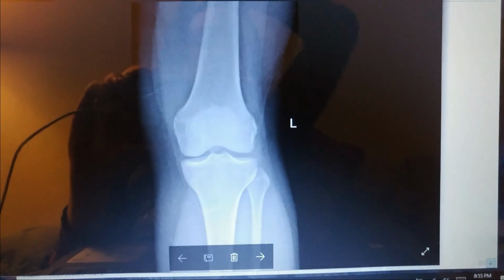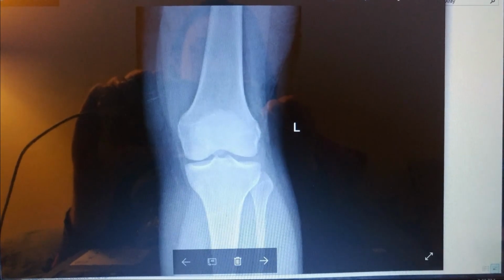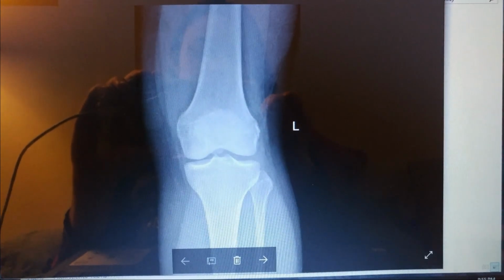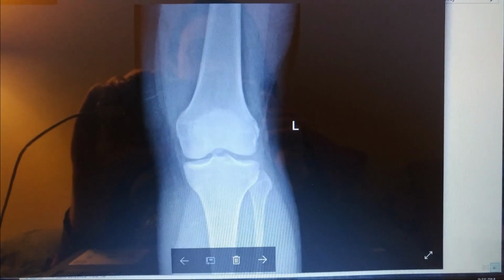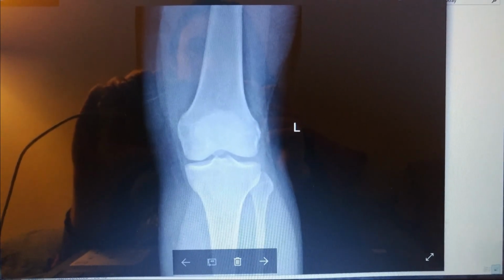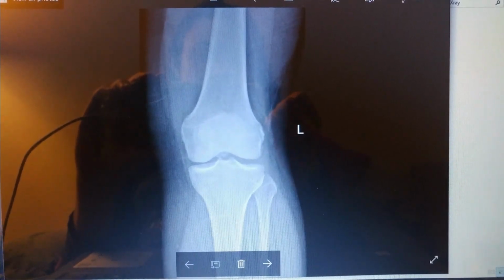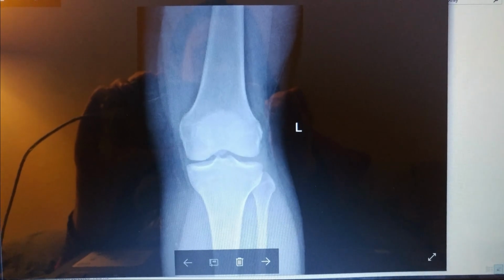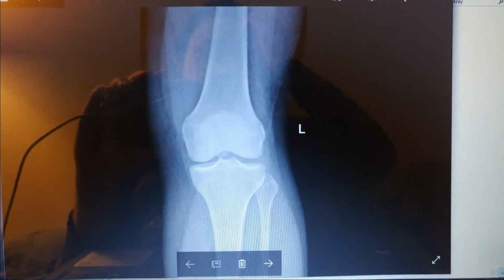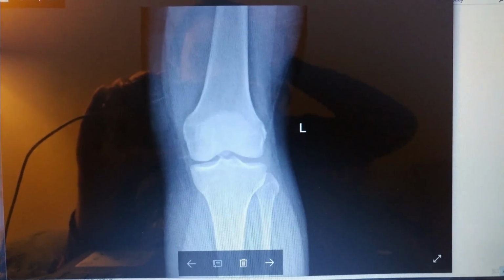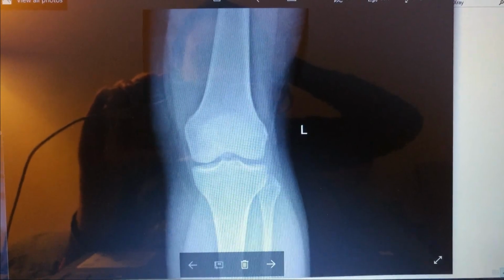For these projections, there's a tube angle, but it depends on the distance of the patient's ASIS to the table. So if it is 18 centimeters or lower, then it'll be a 3 to 5 degree caudad angle. If it is 25 centimeters and higher, then it'll be a 3 to 5 degree angle cephalad.